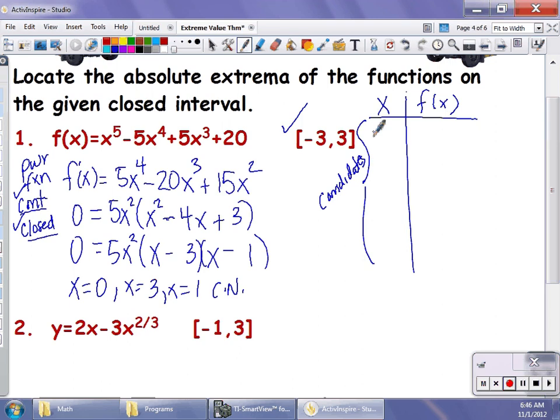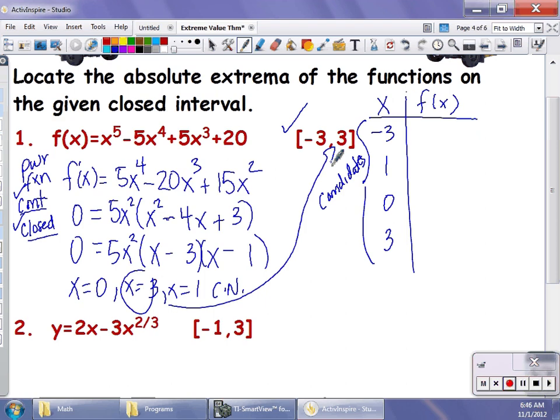So the lowest x value is -3. Then we hit 0, 1, and 3. Now notice one of the critical numbers happens to be an endpoint. That's perfectly fine. However, if you get a critical number that's outside of the closed interval, you don't consider it because you're only considering what's happening on the closed interval.